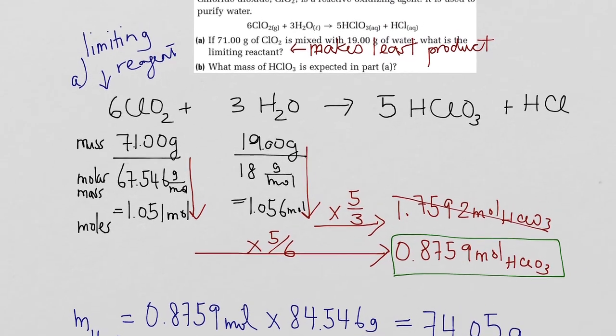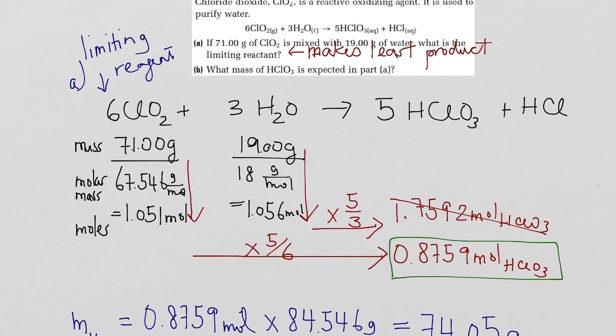So also something else to look out for, right? One of the things is if you just look at the mass that's given, having less mass doesn't mean that it's going to be the limiting reagent.